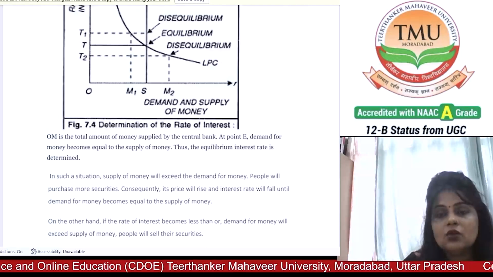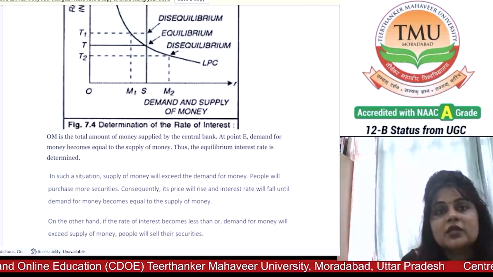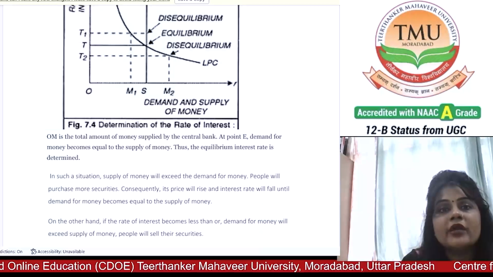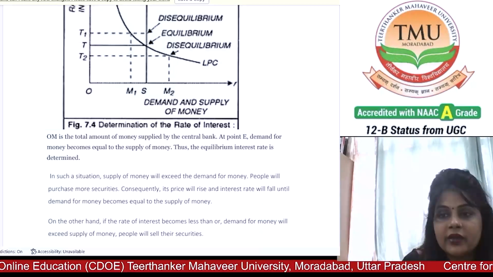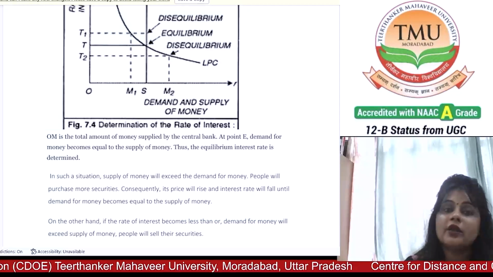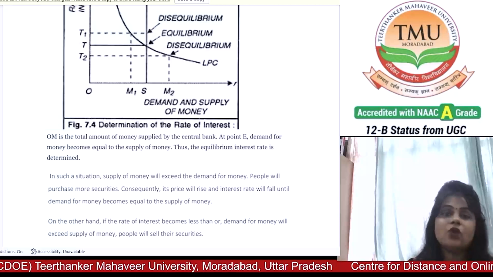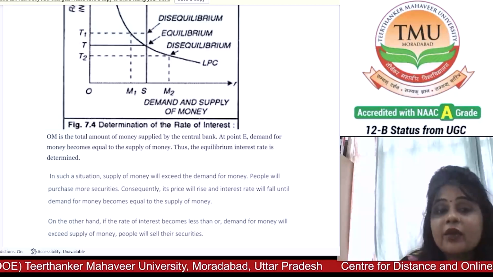You can see in the diagram the disequilibrium and the equilibrium point. Like the price of any product, the rate of interest is determined at the level where the demand for money equals the supply of money.